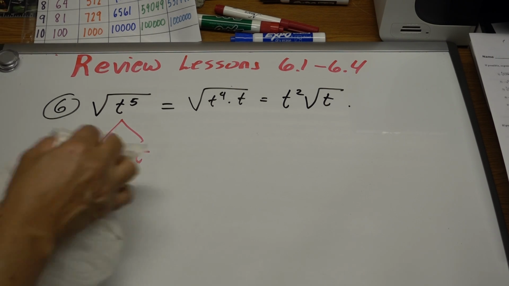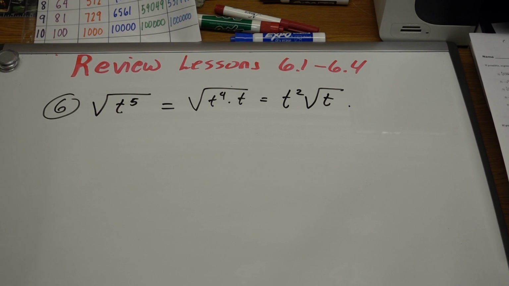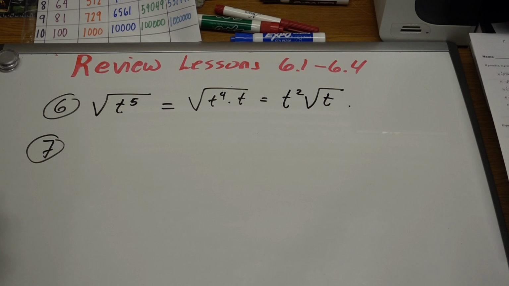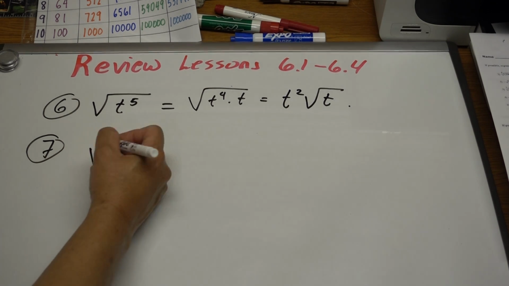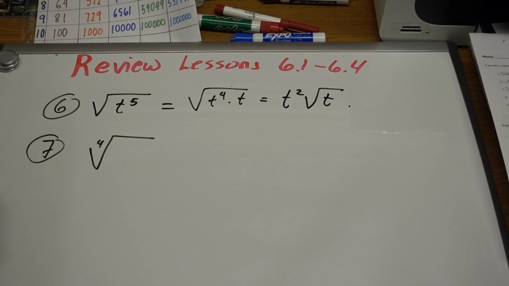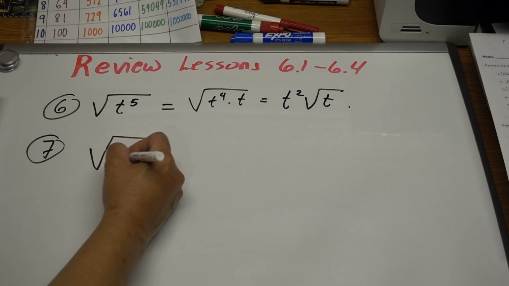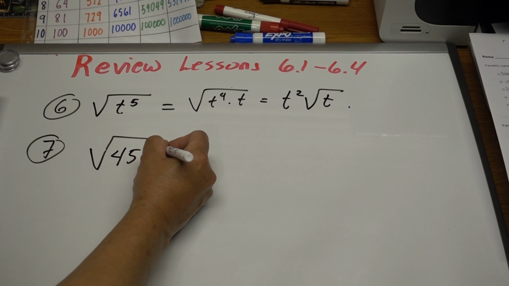Problem number 7 is the square root of 45 x squared y.